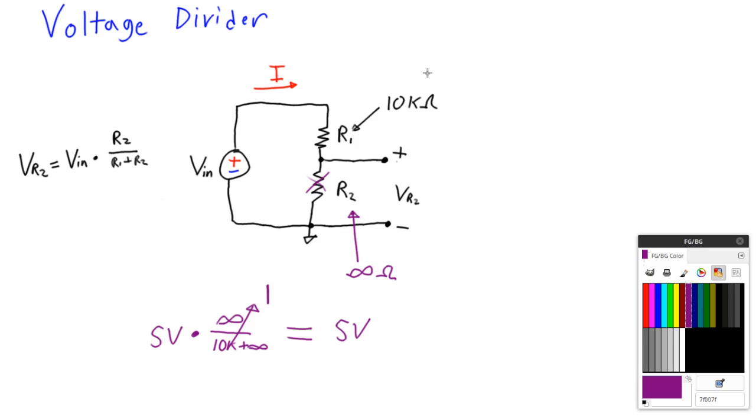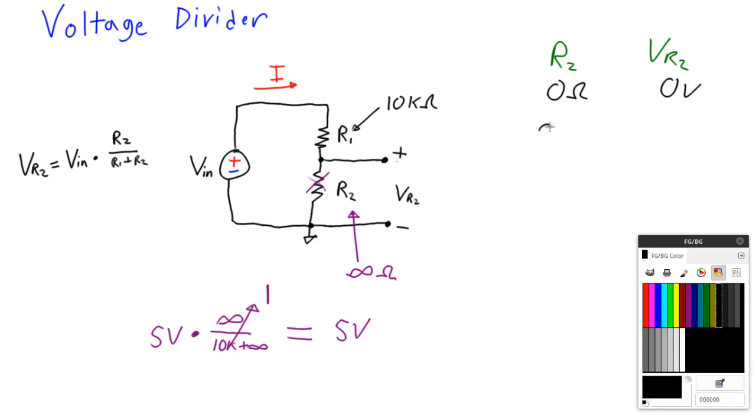So what that means is, we can sum this up and make a table of R2 and VR2. If it is 0 ohms, the voltage there will be 0 volts.